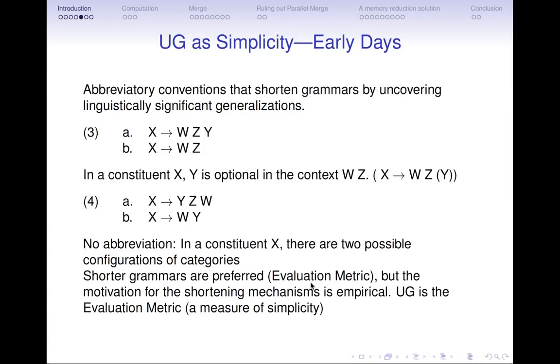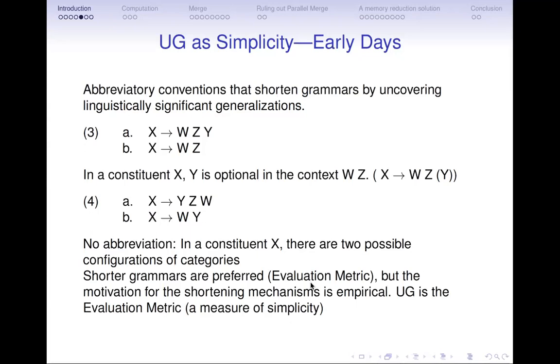If we compare 3A and B with 4A and B, what you see is it says X is a constituent containing Y, Z, and W, and X is also a constituent containing W and Y. But there's no way of abbreviating those two rules into anything simpler. So what that tells you is that the kinds of rules that are in 3A and B that you can abbreviate are the kinds of rules that we expect, in a sense, to see in grammars.